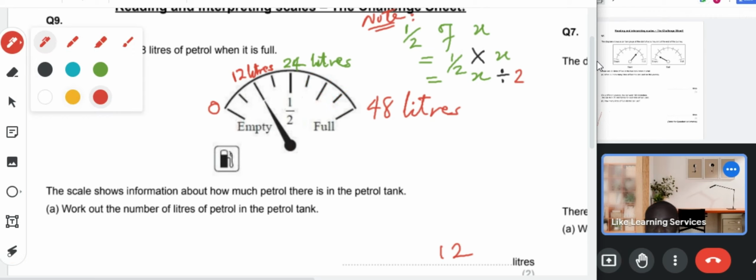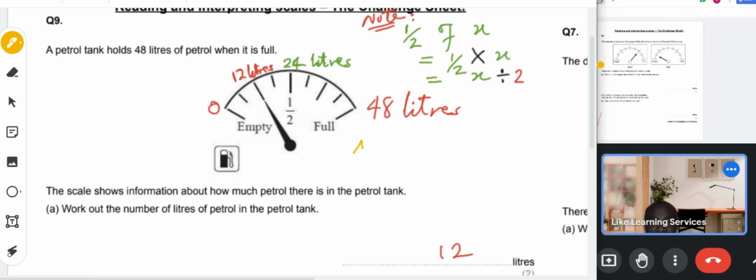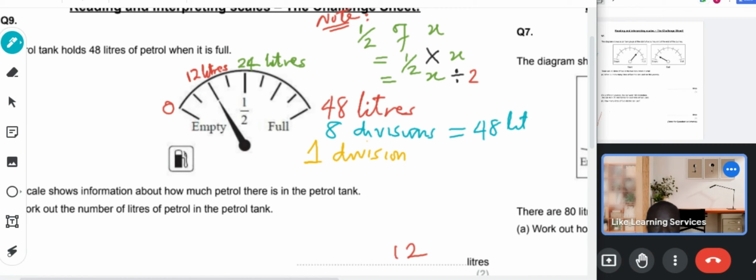Why not simply find the value of one division? So 8 divisions is equal to 48 liters. One, 2, 3, 4, 5, 6, 7, 8 divisions. So one division should be what?